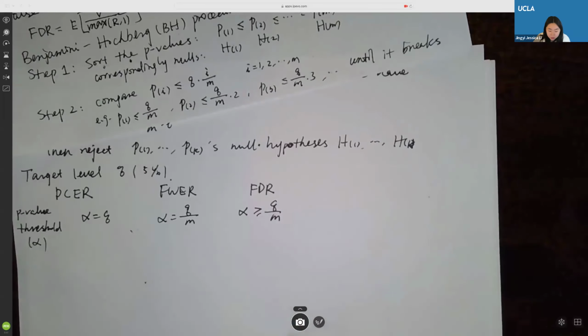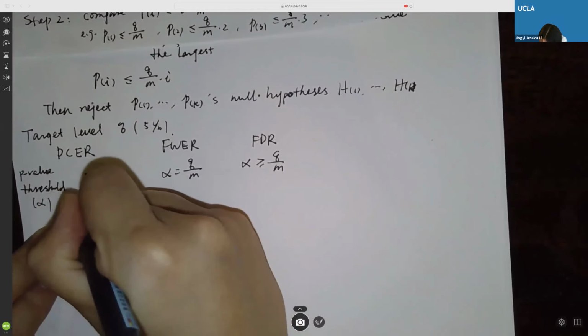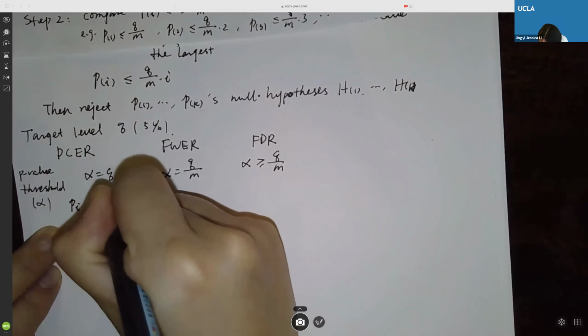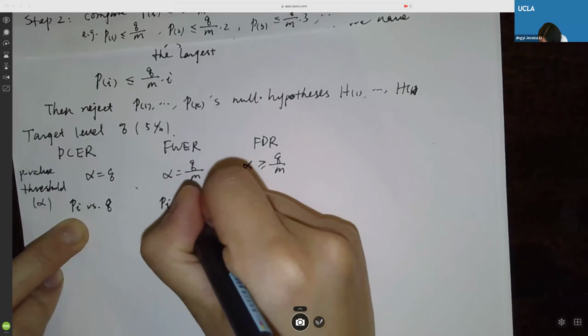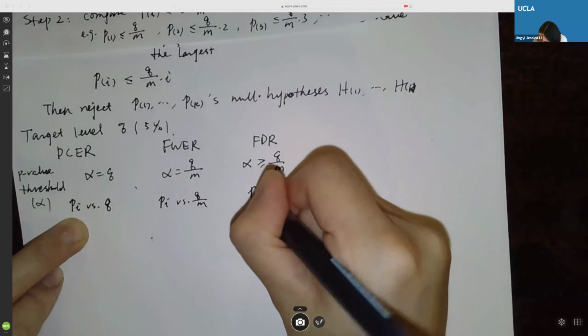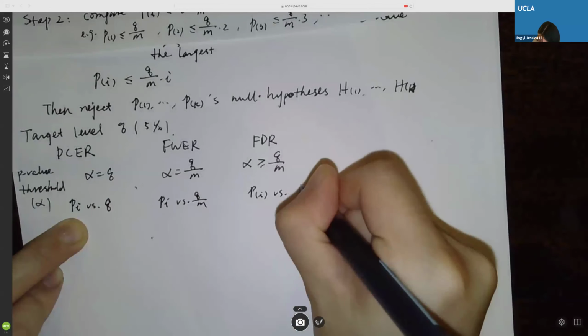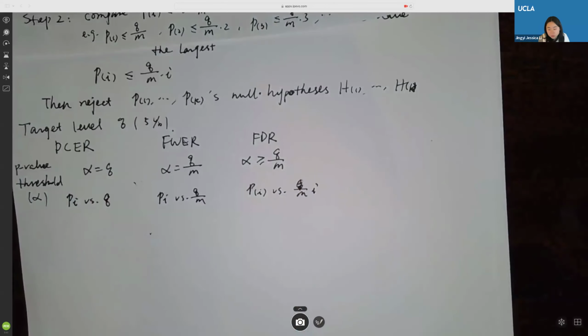So that's why you are less stringent, because in this case we are comparing each pi versus q, here we are comparing each pi versus q over m, and here we are comparing the ith ordered pi versus q over m times i. So that's why we're making different thresholds.